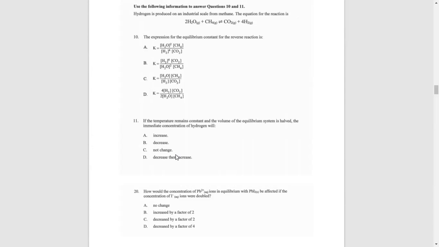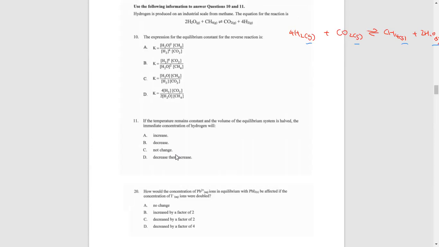Expression for equilibrium constant for the reverse reaction. Well, if it's the reverse reaction, then just to prevent confusion, we'll write it out. Keep in mind that they're all gases.